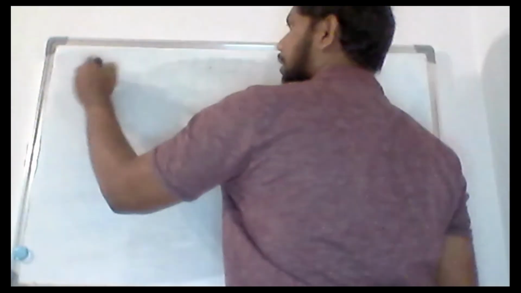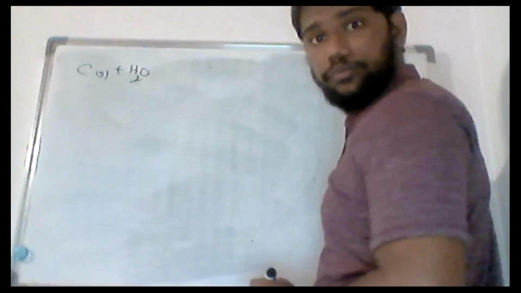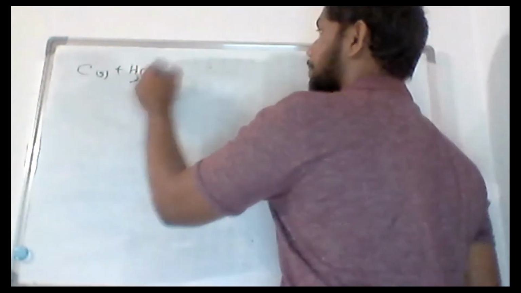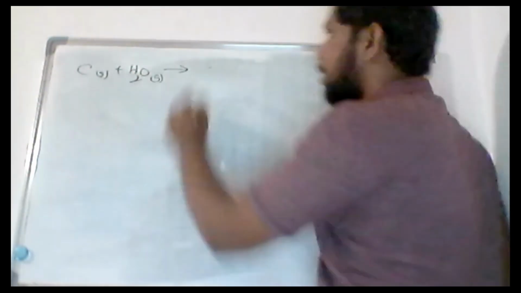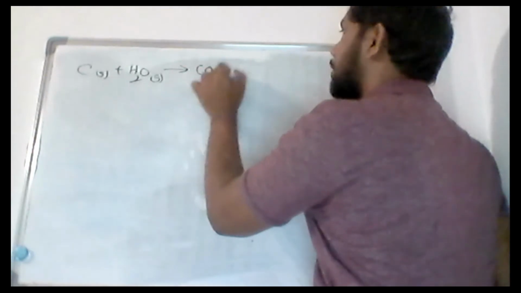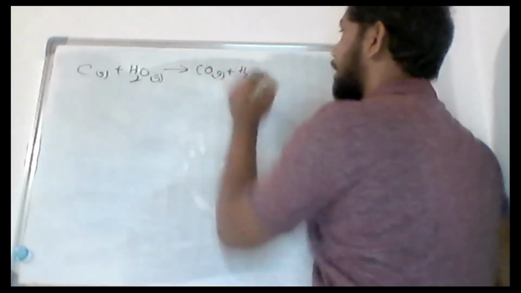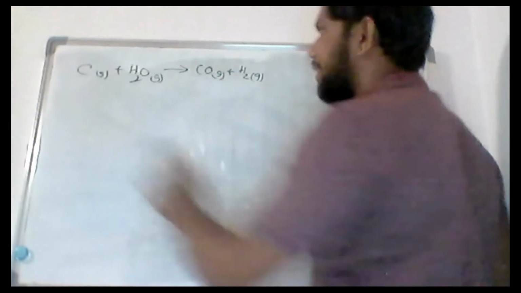So we are given two reactions, right? Where are the reactions? So we have carbon solid, water gas, and carbon monoxide gas and hydrogen gas is formed. This is one of the reactions.